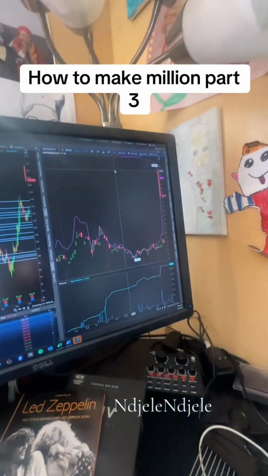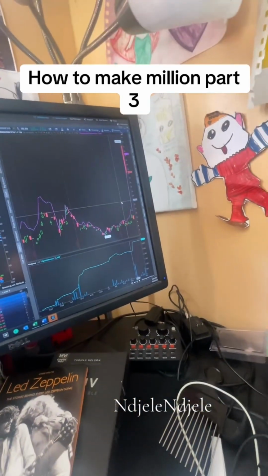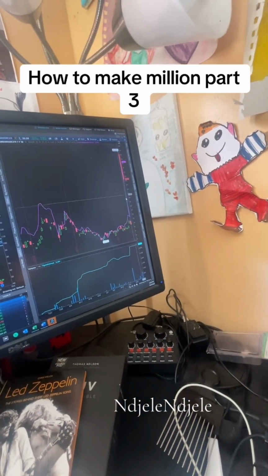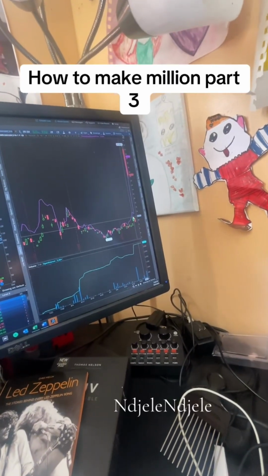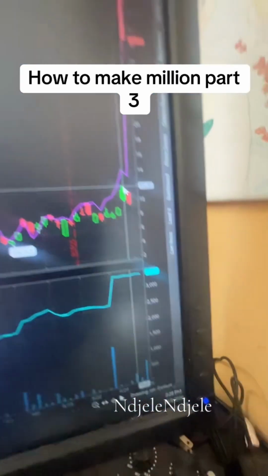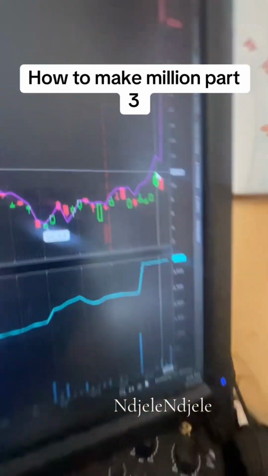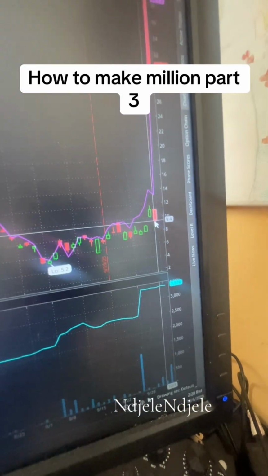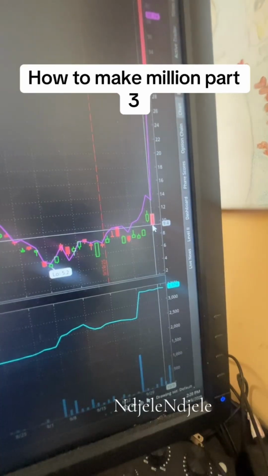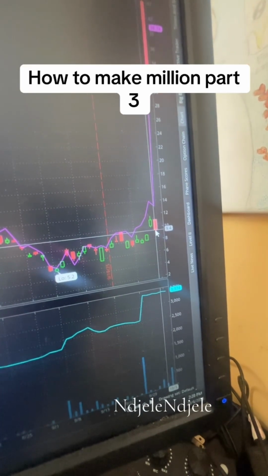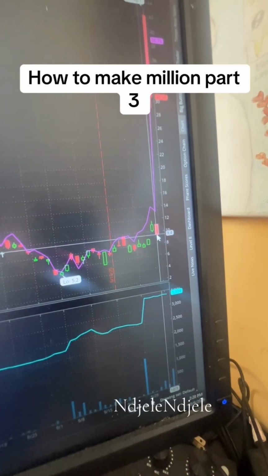So this is how your money moved. Look, if you had bought this contract, this morning you were at, don't forget you multiply, so 9.4 multiplied by 100 is 940.